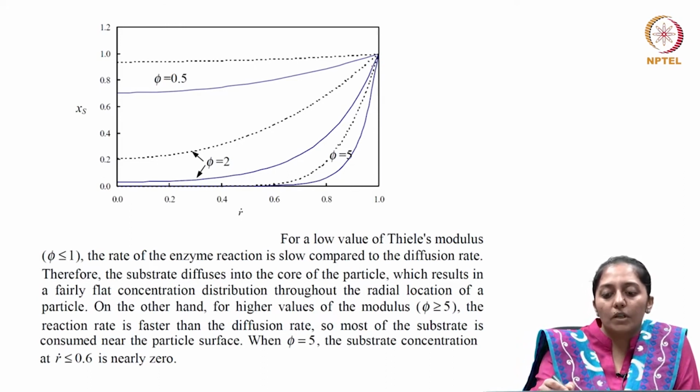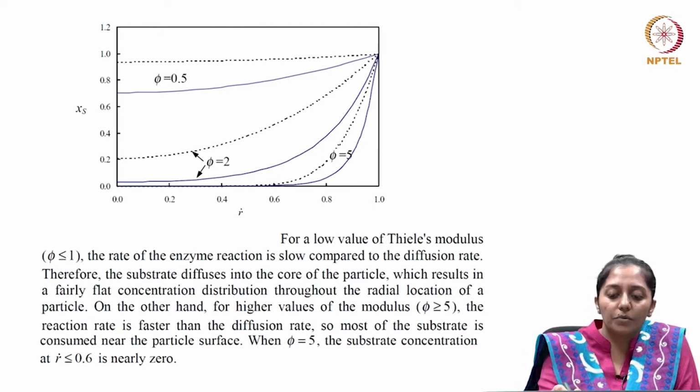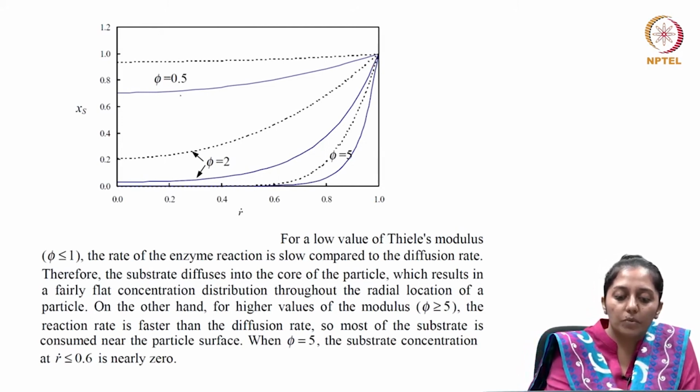If the Thiele modulus is very low, effectively meaning that the rate of enzymatic reaction is slow compared to the diffusion rate, then the substrate would diffuse into the core of the particle, which will result in a fairly flat distribution, as shown here by the blue line.